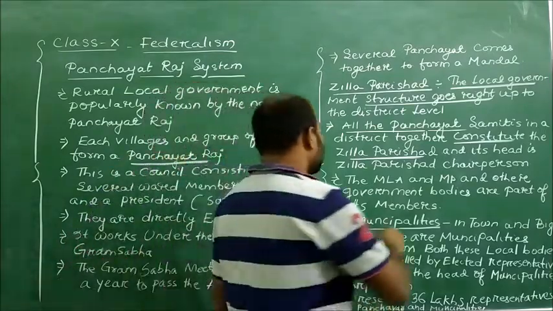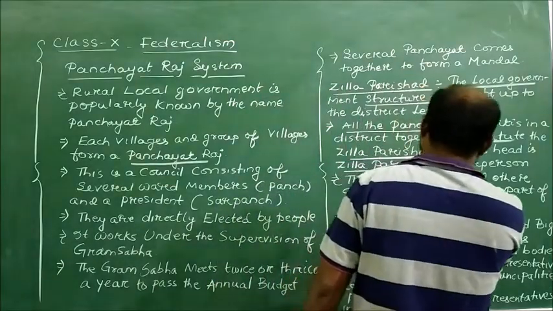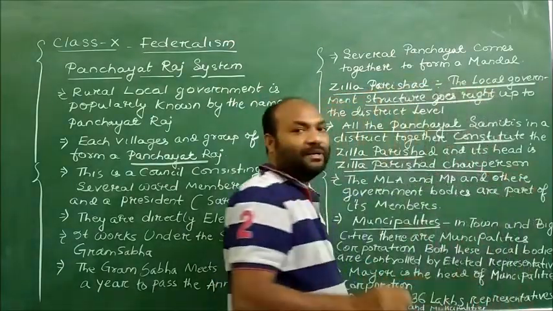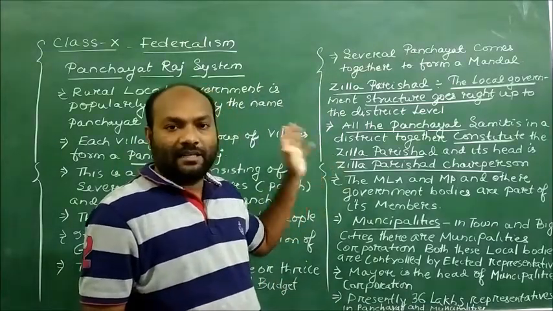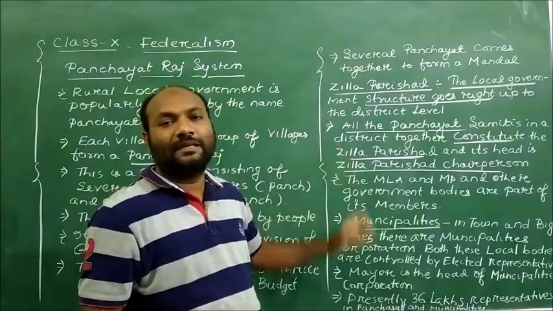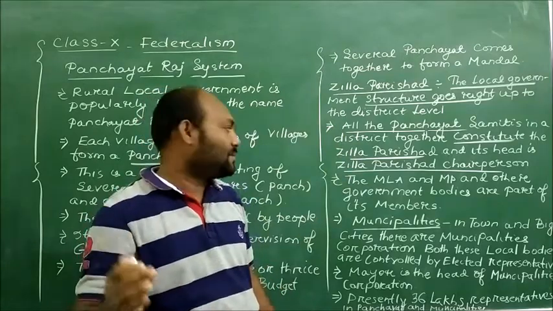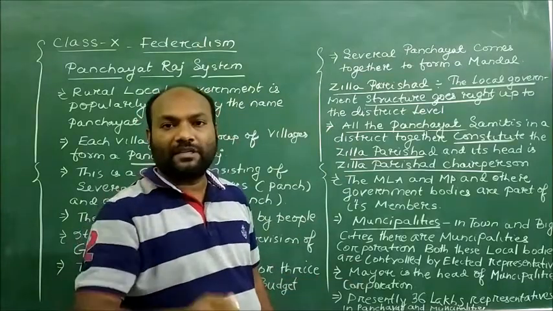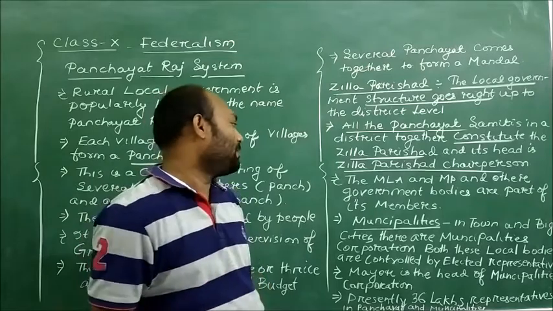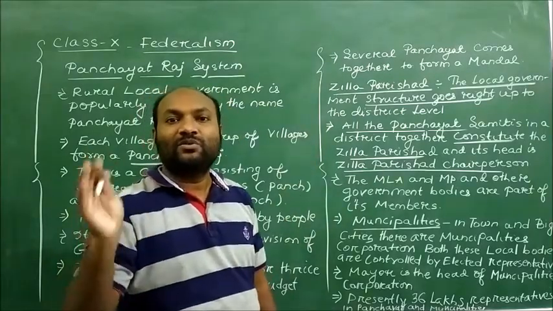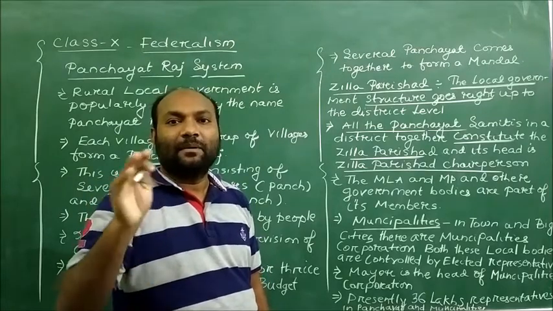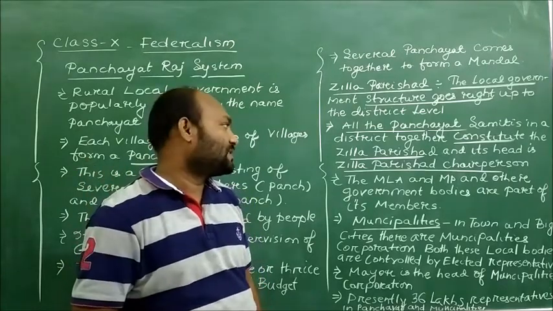It is the Jilla Parishad chairperson, in short called JPC. In the Jilla Parishad, the MLAs, the MPs, as well as government bodies are members. And what do they do? They look after the developmental work of the district.